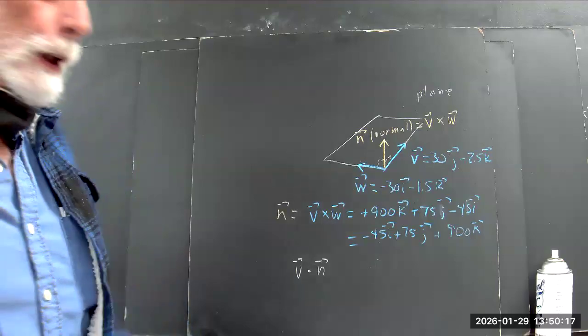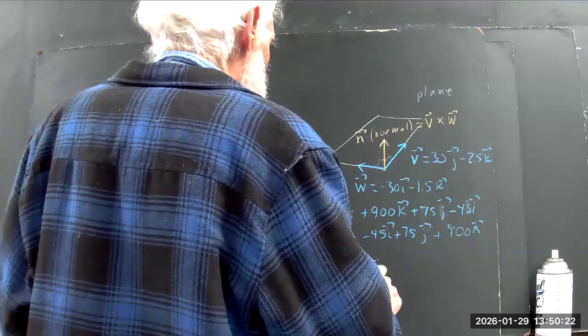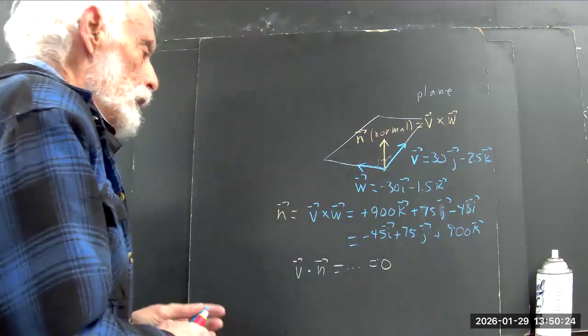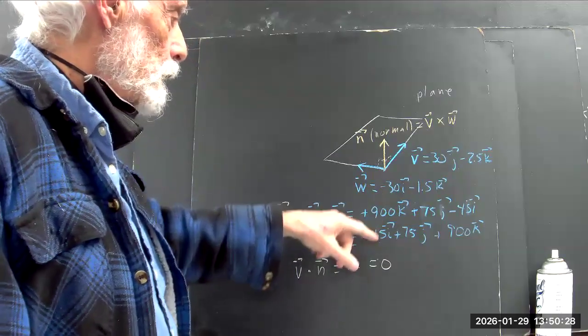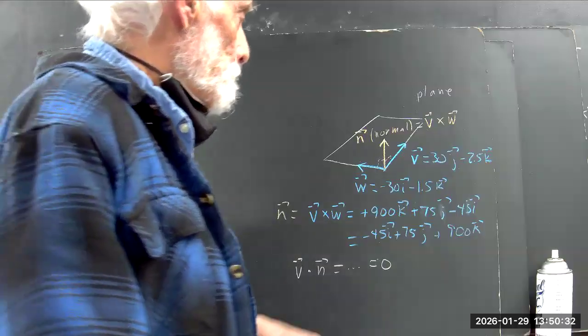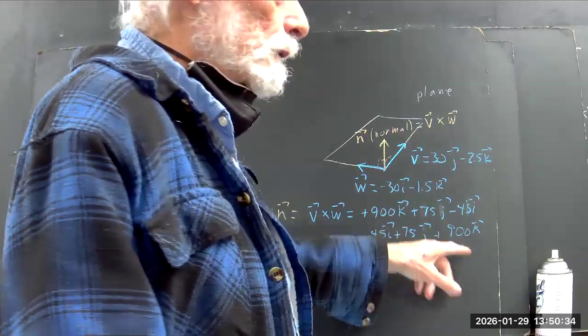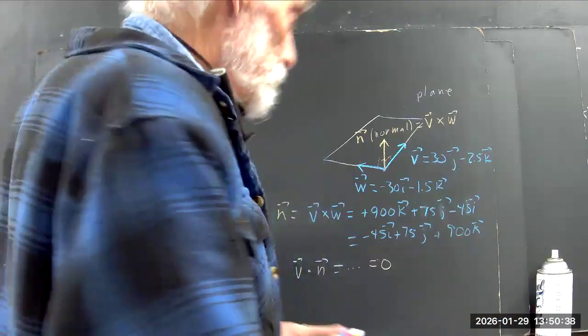Okay, sorry. You can easily do that. And W dot, just to be sure, 30 times 45 is 1350. Negative 1.5 times 900 is negative 1350, adds up to zero.